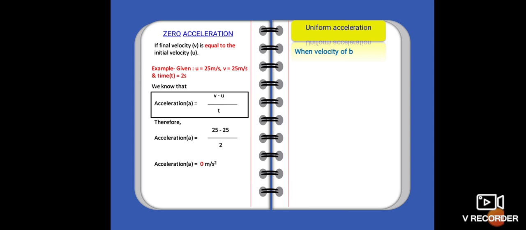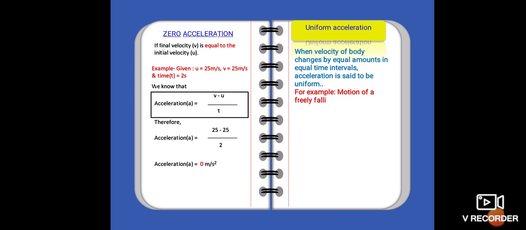Now, what about uniform acceleration? Uniform acceleration कब होगा? When velocity of a body changes by equal amounts in equal intervals of time, acceleration is said to be uniform. For example, motion of a freely falling ball. What about non-uniform acceleration?